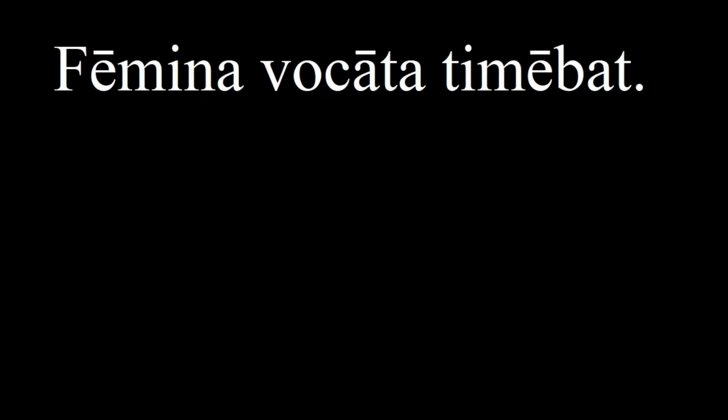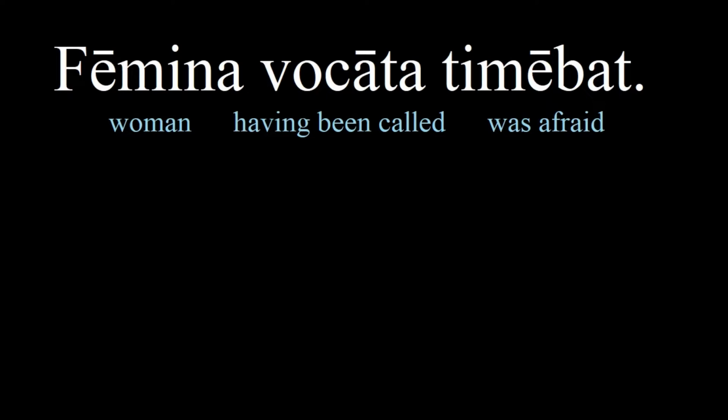Femina vocata timebat. Here the main part of the sentence is, the woman was afraid. And vocata forms the dependent clause, having been called. So altogether this means, the woman, having been called, was afraid.